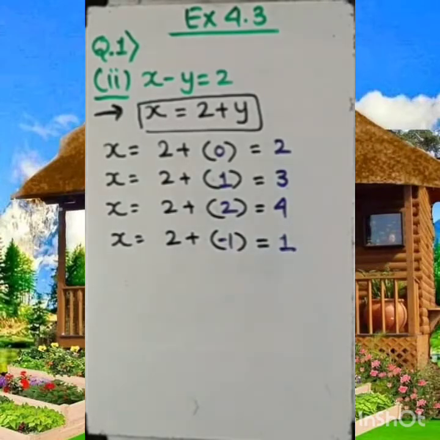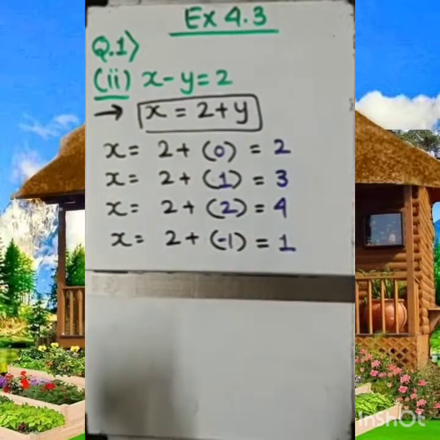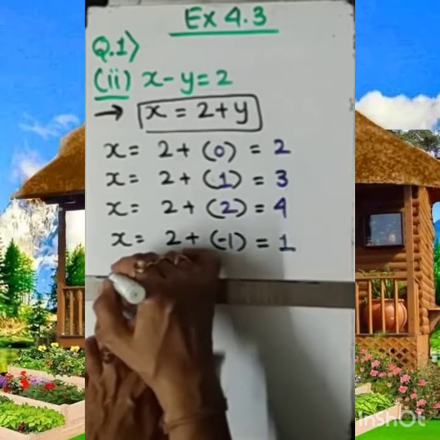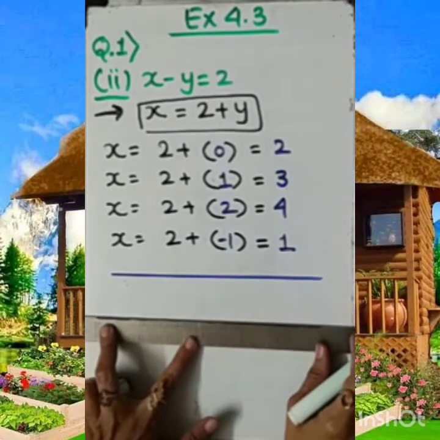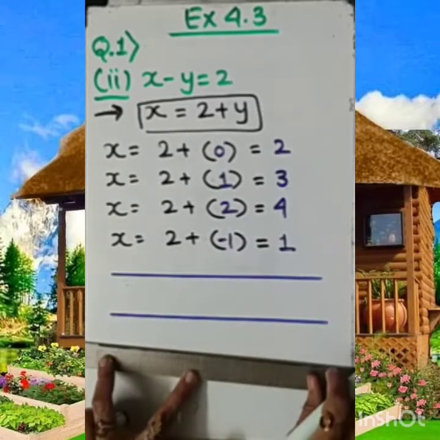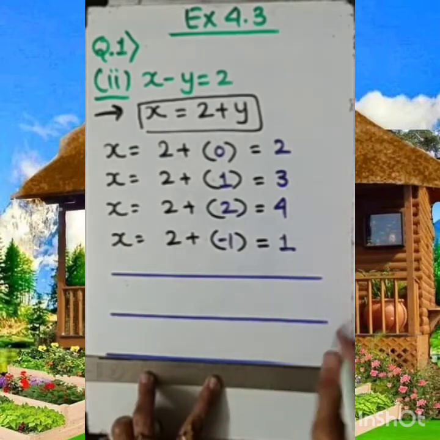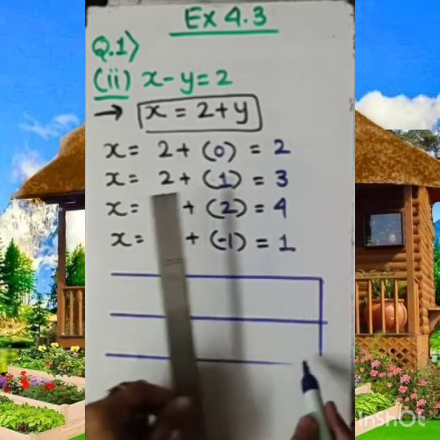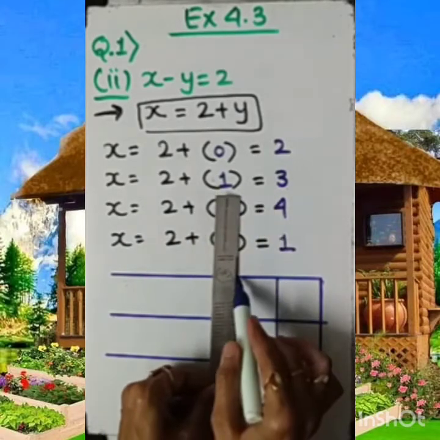Now, as usual, after getting these four different values, we need to show them in tabular form. We need to locate all these points on a graph paper, and before we locate them on graph paper, we need to show all these points in a tabular form. It will be convenient for us to go through it. Let's list out the four values we got.